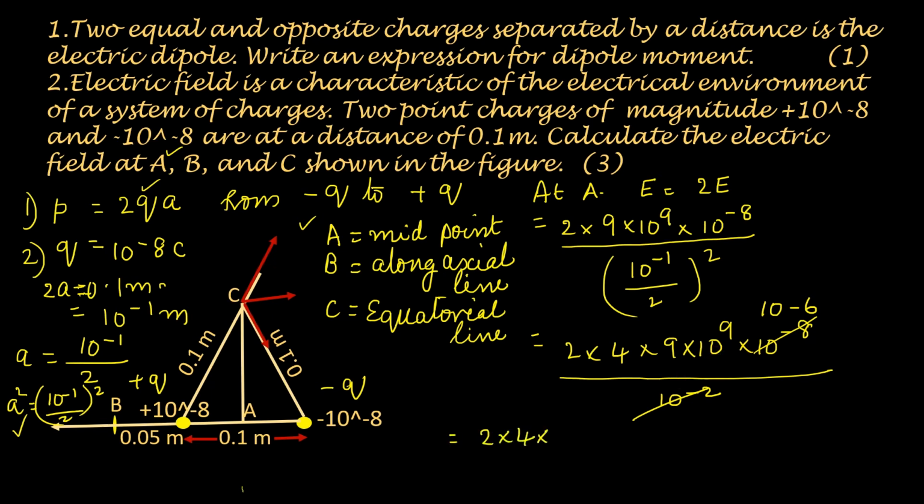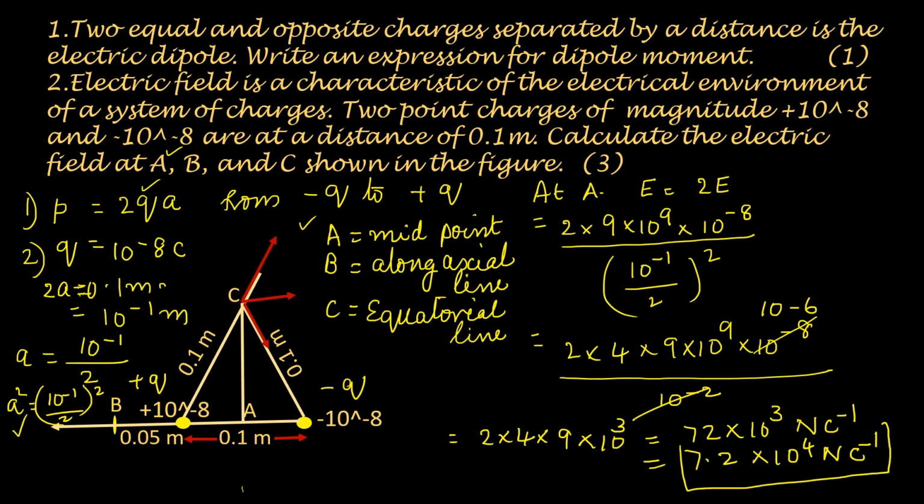So it becomes 2 into 4 into 9 into 10 raised to 3, equal to 72 into 10 raised to 3 Newton per Coulomb, which is equal to 7.2 into 10 raised to 4 Newton per Coulomb. This is the electric field at A, the midpoint of the electric dipole axis. This will be the direction of electric field. Electric field is a vector quantity. Okay. I hope this was helpful.